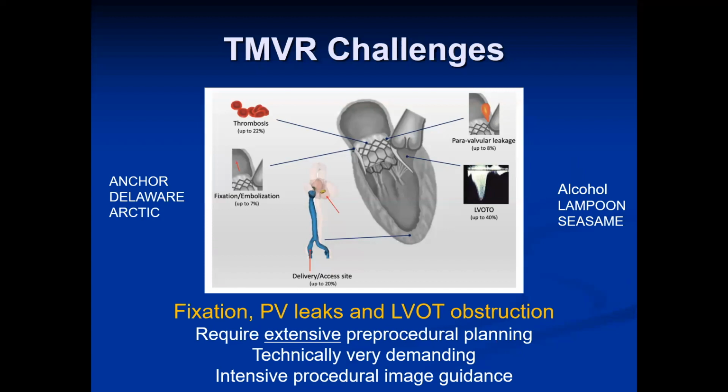When you're doing a repair, you have to be willing to, if the repair is not perfect and you've spent an hour in a cross clamp, take it all down and replace the valve, because you have to have a good outcome at the end. So it's a calculus. It's based on experience and patient characteristics. But that's why I think that with somebody who's young, you should think long and hard before you put a clip in.